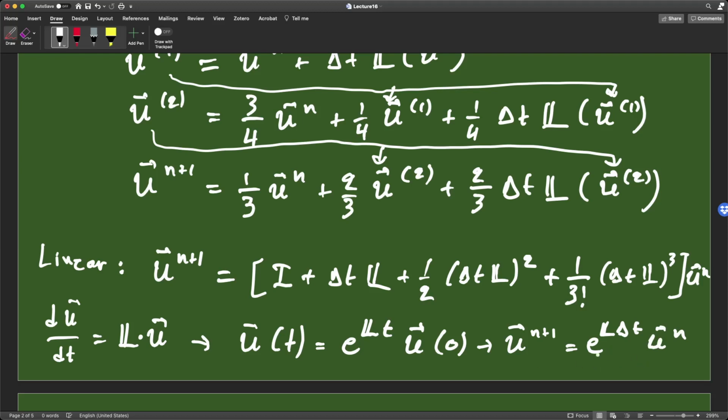If we do a Taylor expansion of this exponential, e to the L delta t, we know that it has a Taylor expansion that's precisely of this form, the quantity that is in brackets here. So that's another way to see that a Taylor expansion of this operator matches what we obtained here with the Runge-Kutta method.